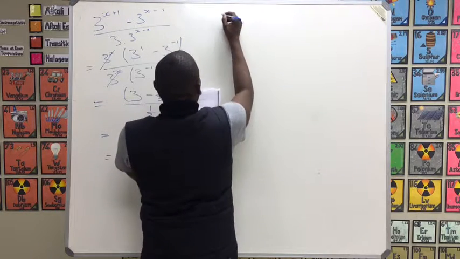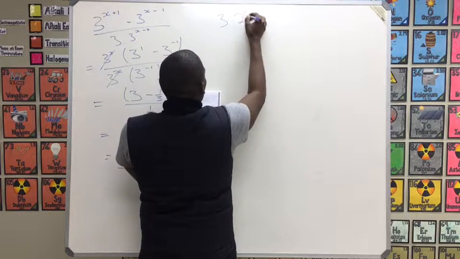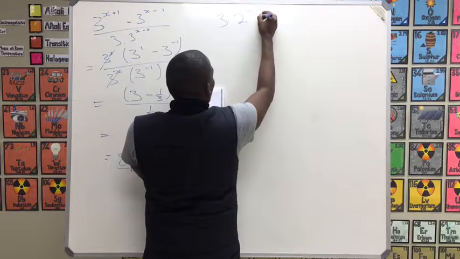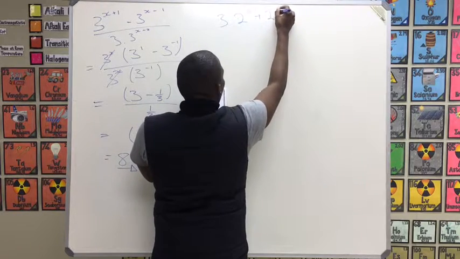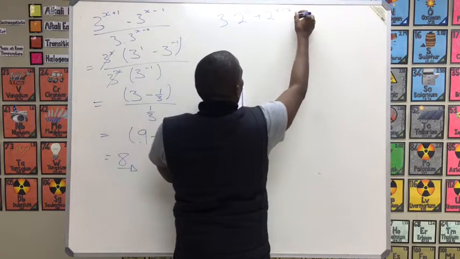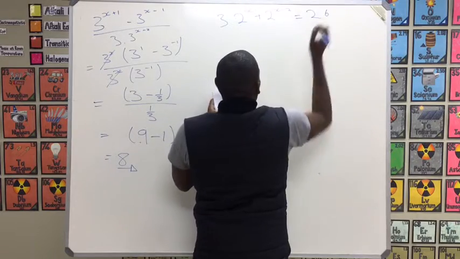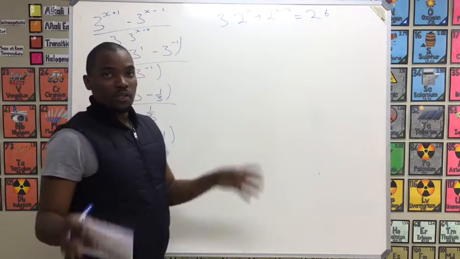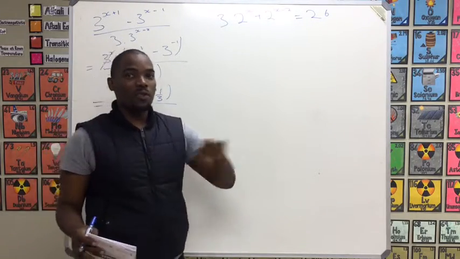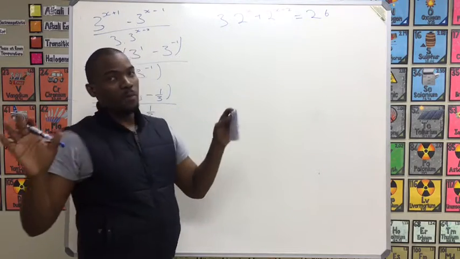Let's try now an exponential equation. Let's say we're given 3 times 2 to the power of x plus 2 to the power of x minus 2, and that equals 26. The whole point of exponential equations is to try and get the bases all the same so that we can then equate the exponents.